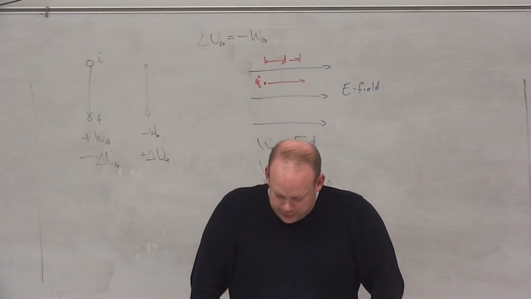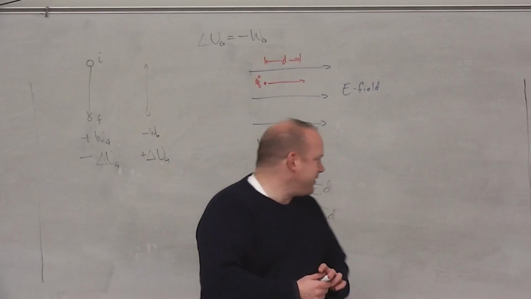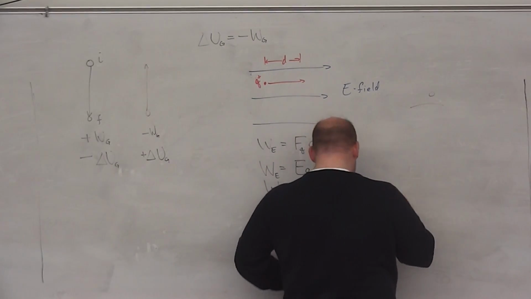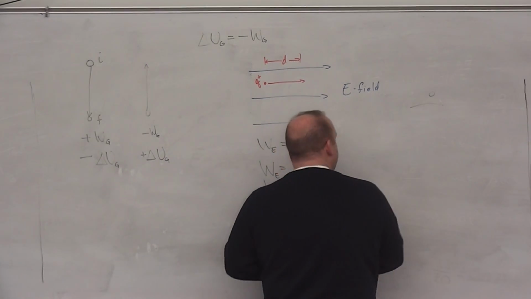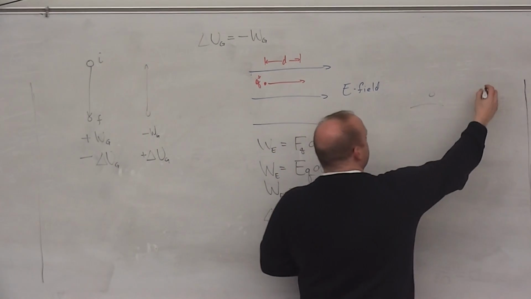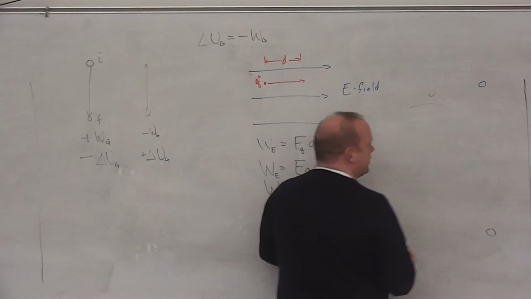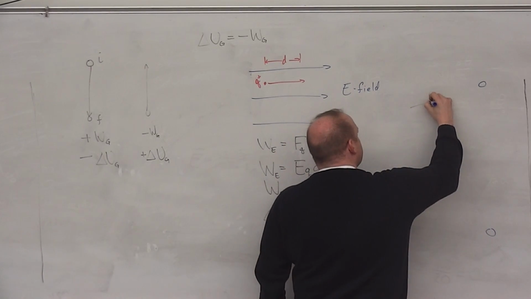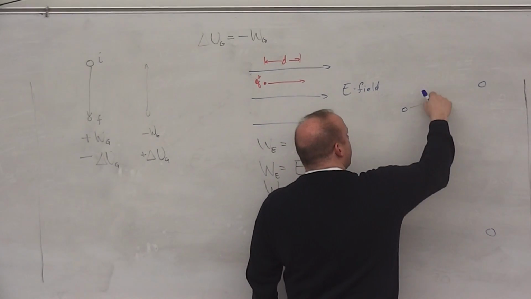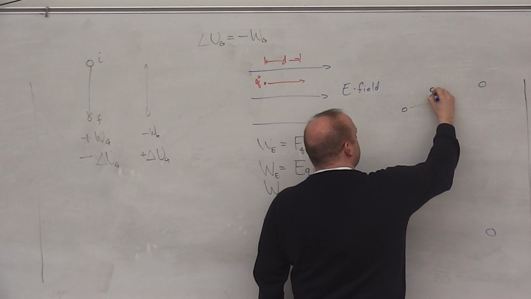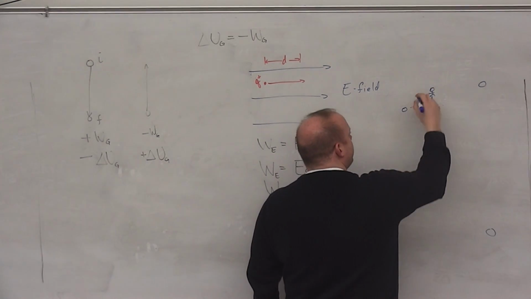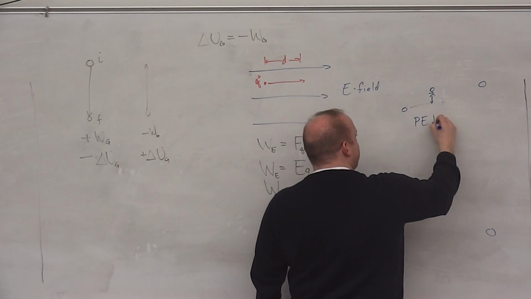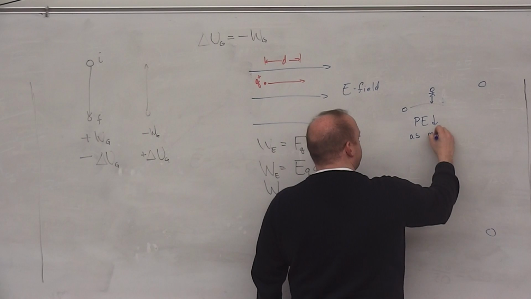The key was that as the masses got closer, whether you're talking about near Earth's surface, or two things that are really far away from each other, as the masses get closer, the potential energy goes down.